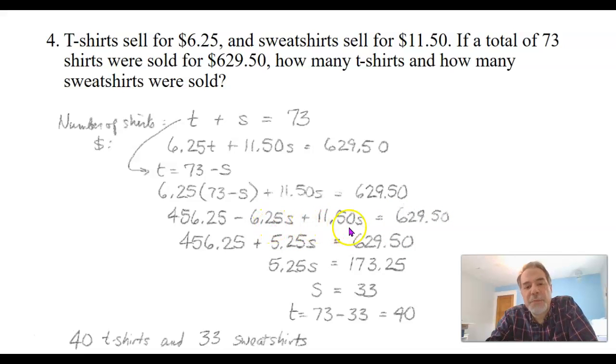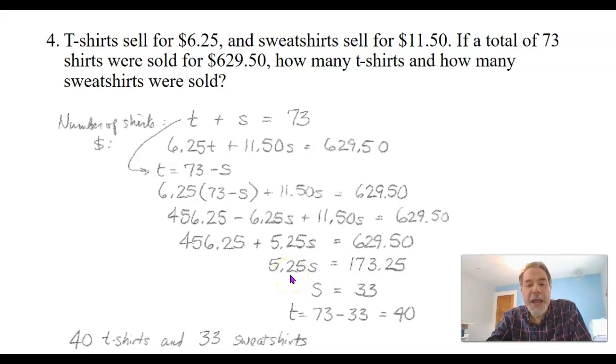Combine the S terms, and you get 456.25 plus 5.25S equals 629.50. Subtract 456.25 from both sides of this equation, and we get 5.25S equals 173.25.